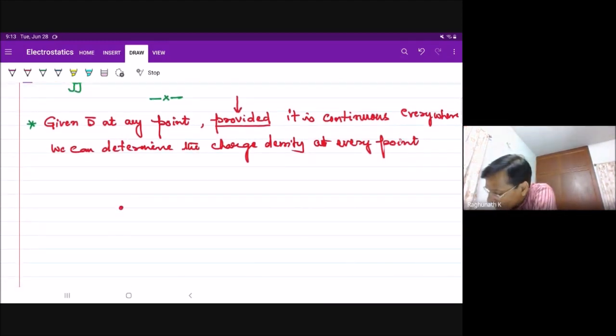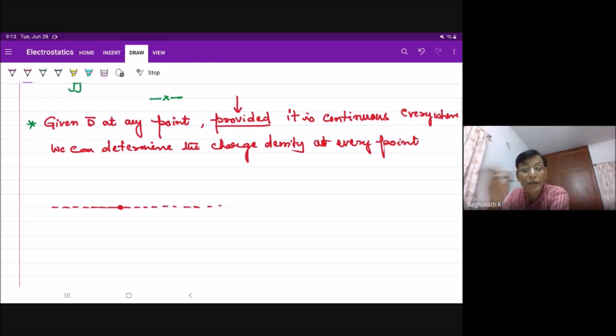Let us suppose I have a point charge here. I will just move along x direction. Same thing will happen for y direction, everything. Let us suppose this is x. The expression for a point charge Q, the expression for the flux density at any point which is at a distance d from Q is seen to be Q by 4 pi d squared.